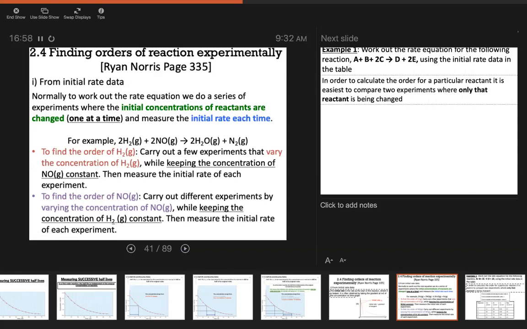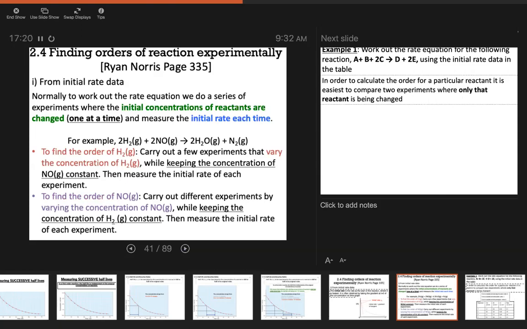Start with a particular concentration of nitrogen monoxide and a particular concentration of hydrogen, okay? And then you measure the rate. That's your first experiment. Second experiment, you change the concentration of nitrogen monoxide. Say you double it, but your hydrogen stays the same. And then you calculate the rate.